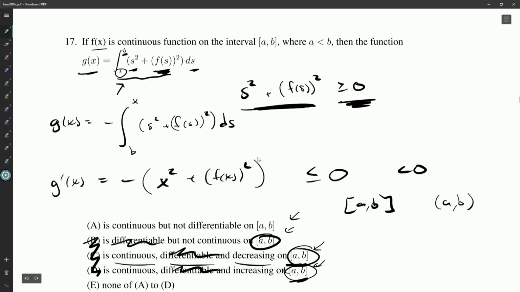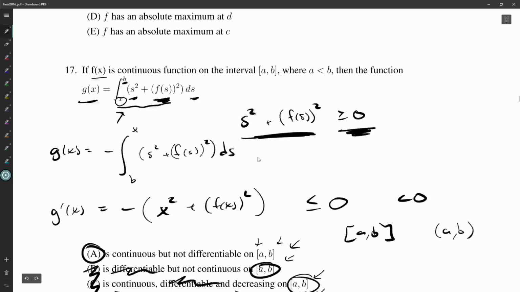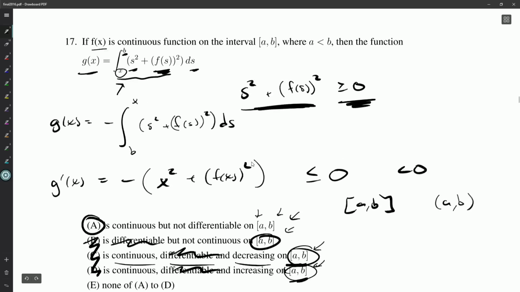A is continuous on a to b, but not differentiable on a to b. It's not differentiable at these closed endpoints, not guaranteed to be. So I'm going to say the answer is A, although I personally think this is not a particularly nice question.